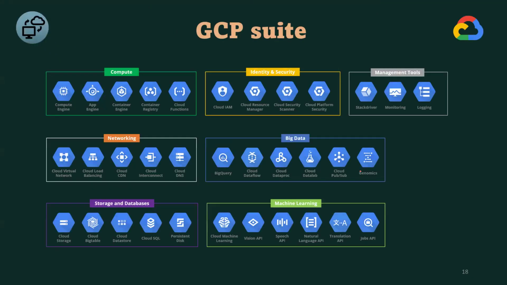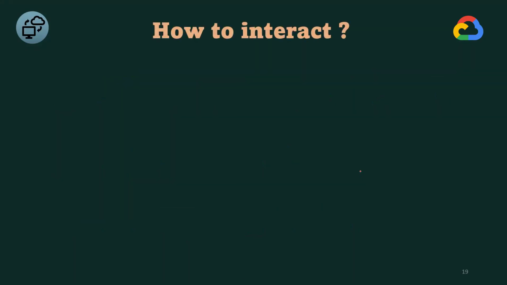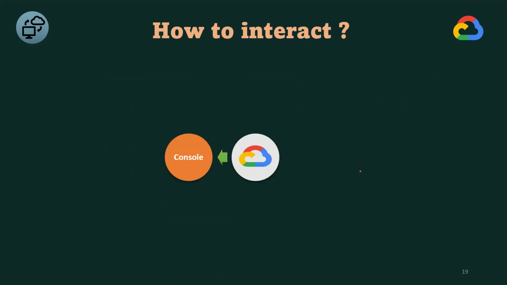So the interaction method, sir, we have plenty of services in the Google Cloud Platform. You can see here we have compute services, IAM services, networking services, big data services, storage and database services. If I wanted to interact with these services, what are the ways that we can interact with them? The very first method is the console, the second is the cloud shell, and the third method is cloud SDK.